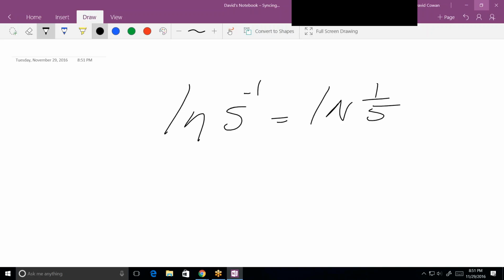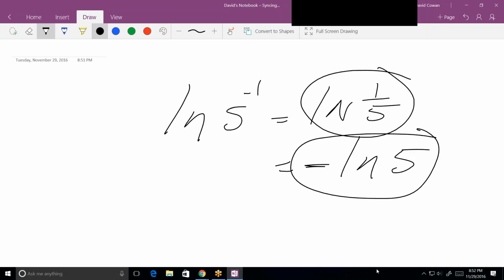Mm-hmm. But it's also, I can take that negative 1 and put it down in front, so it's the natural log. In other words, that's the same as that's the same as that. Okay.